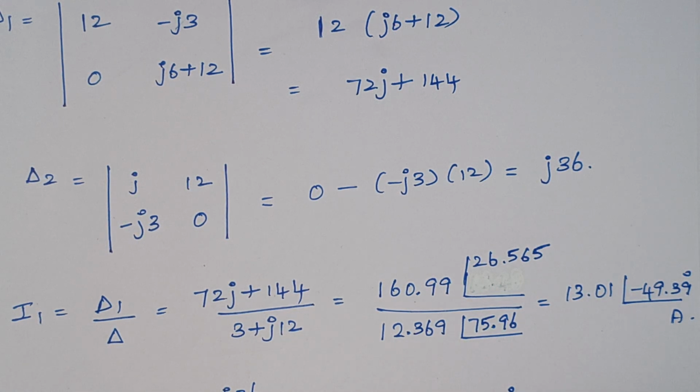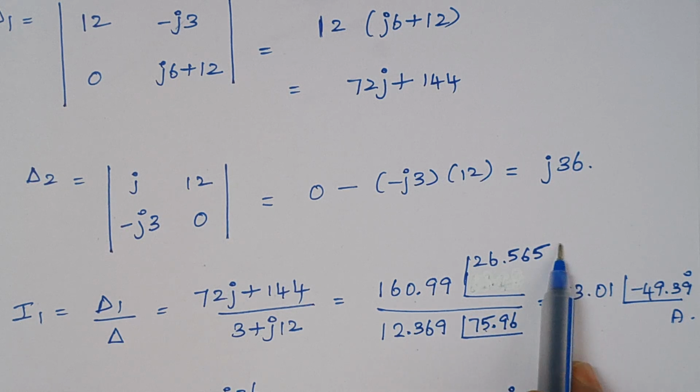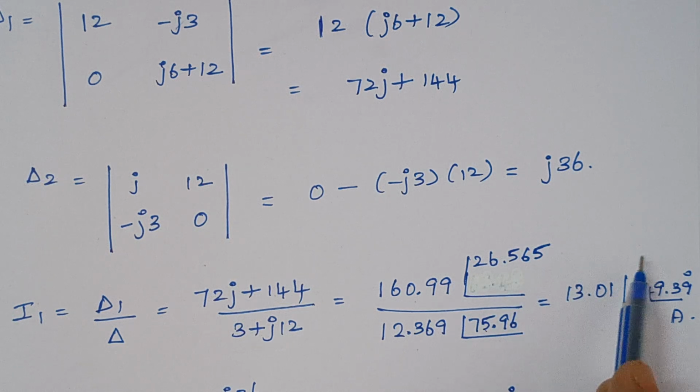The answer will always remain the same. So 160.99 divided by 12.369 gives 13.01, and when I shift this 75.96 to the numerator, the positive angle becomes negative, so subtracting gives minus 49.39 degrees.